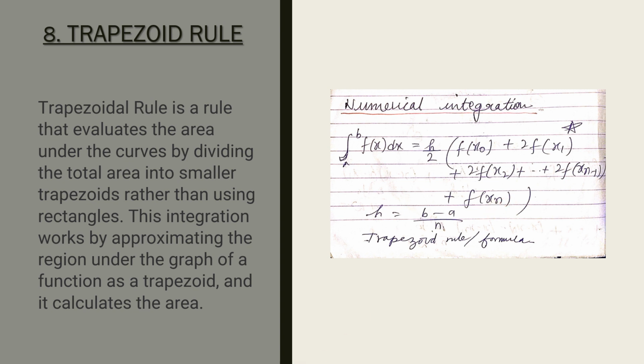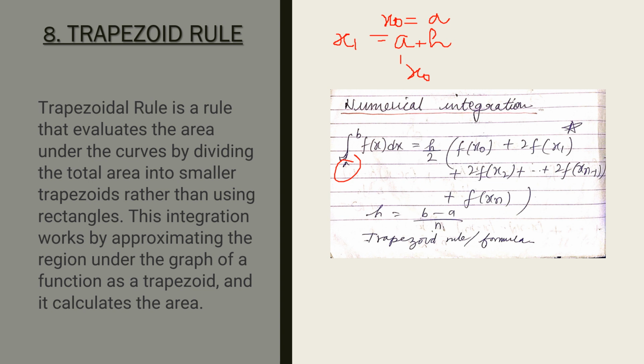Now you will ask, what is x1? We know x naught is given in the question, which is basically a. Okay, the beginning value. Now what is x1? It's basically a plus h, x naught plus h.